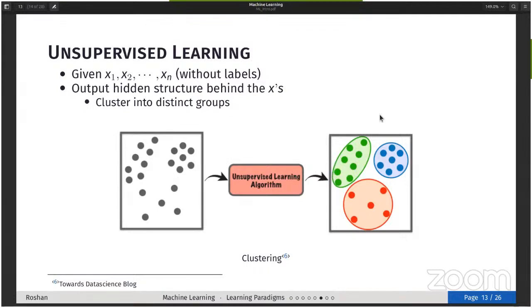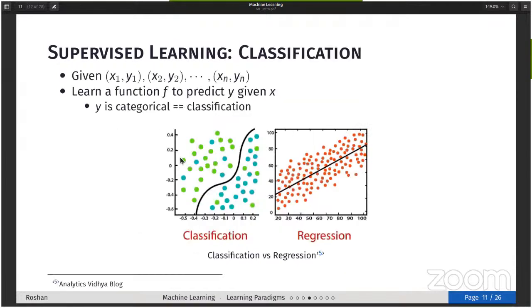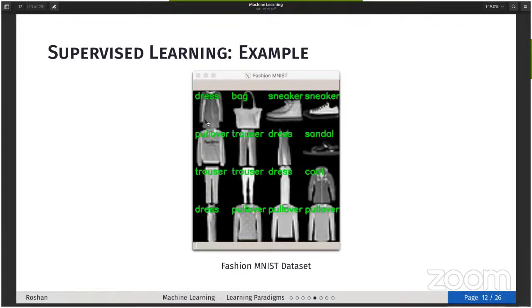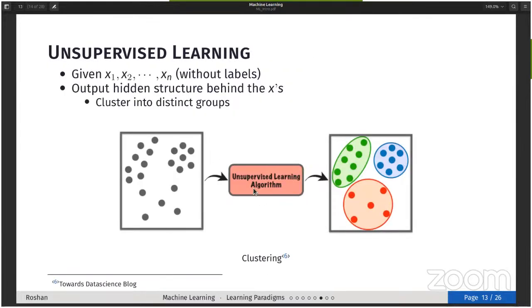Here is a nice visual representation of the unsupervised learning case. I don't have any labels, but using the machine learning algorithm, I can separate the data into distinct groups or classes. In supervised learning, you have the label associated with each data point. Here, you don't have any labels, but after applying the algorithm, you infer these labels.